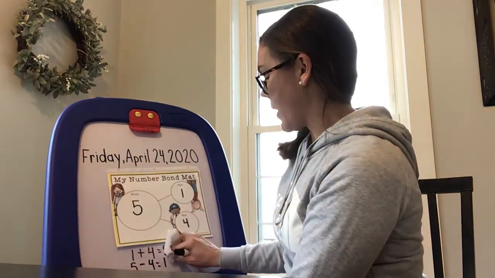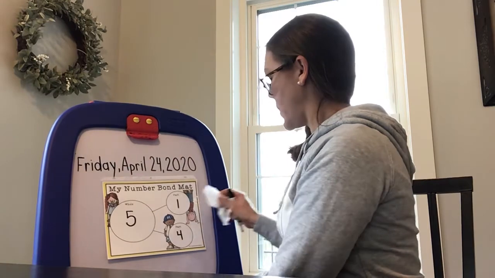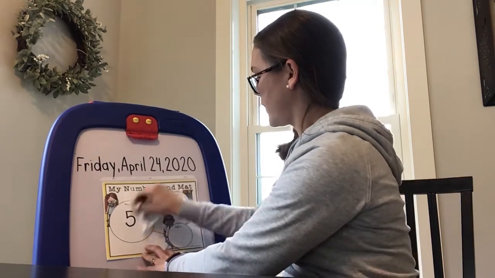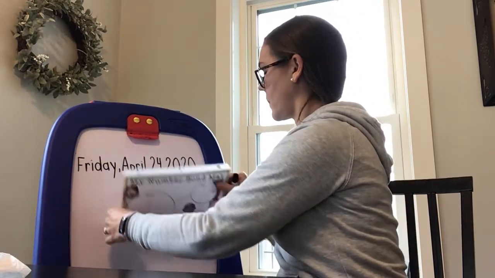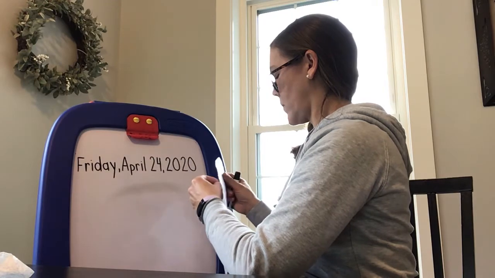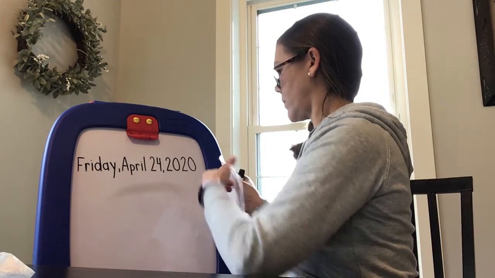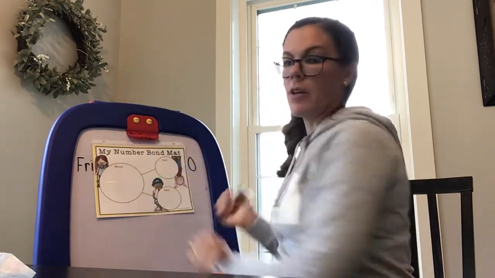So let's try another one of those. I'm actually gonna move this up here a little bit. Cover up our date so we can see everything here. All right, so there's my number bond sheet.